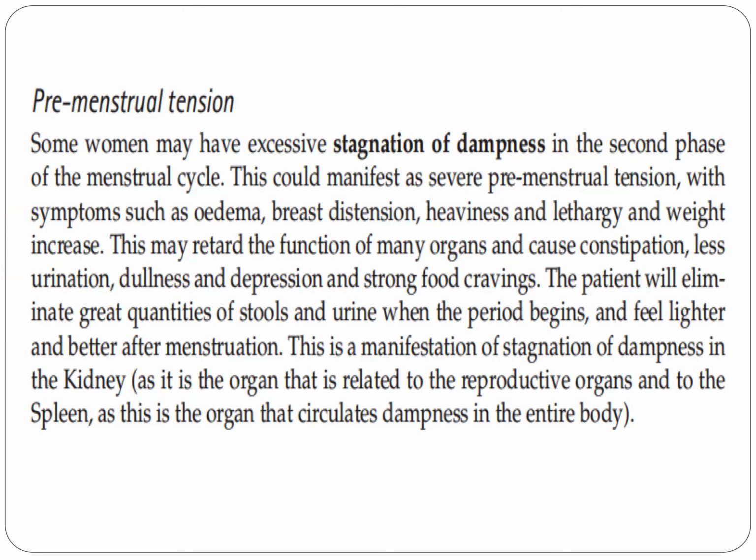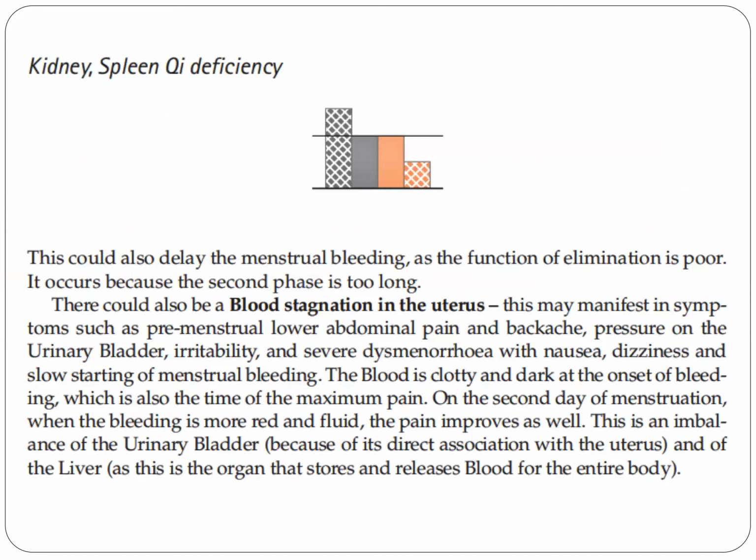Okay. The patient will eliminate great quantities of stools and urine when the period begins and feel lighter and better after menstruation. Okay. This is a manifestation of stagnation of dampness in the kidney, as it is the organ that is related to the reproductive organs, and to the spleen, as this is the organ that circulates dampness in the entire body. Okay.